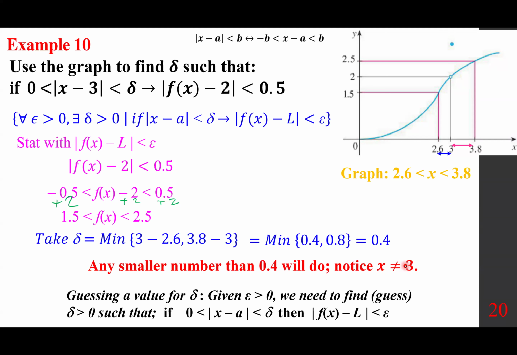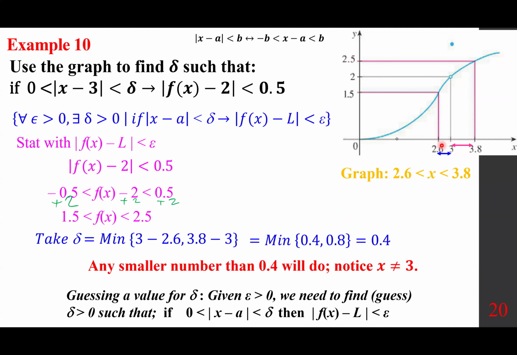I want to make sure we understand why we pick the smaller of the two. When you pick 0.4, the smaller of the two, you go 0.4 to the left from 3, you end up here. You go 0.4 to the right, you end up somewhere here. However, if you choose 0.8, as you go from 3 to 3.8, you end up here and it's not a problem.